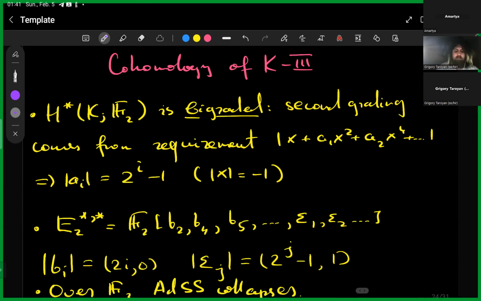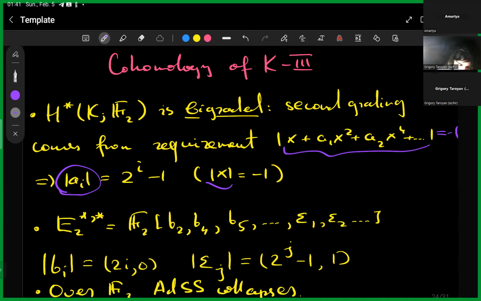But actually, this ring is bigraded, and the second grading comes from the requirement that the degree of such a series should be equal to -1. And since the degree of X is necessarily -1 itself, this means that the degree of a_i is equal to the power of 2^i - 1.